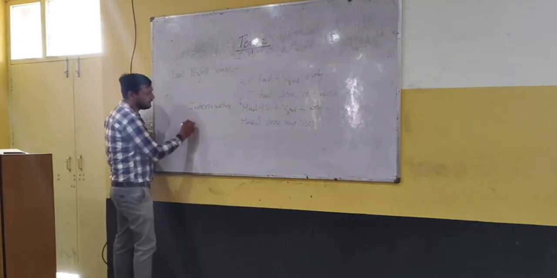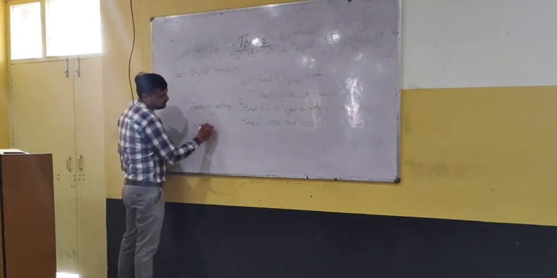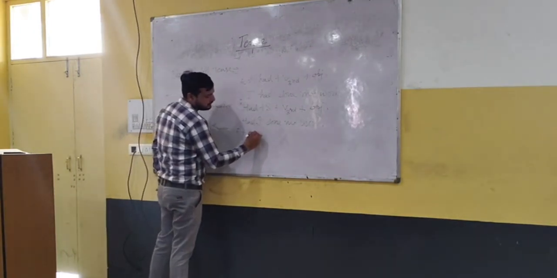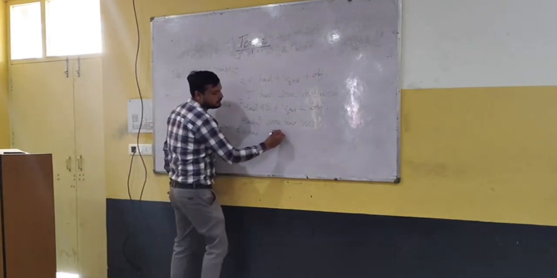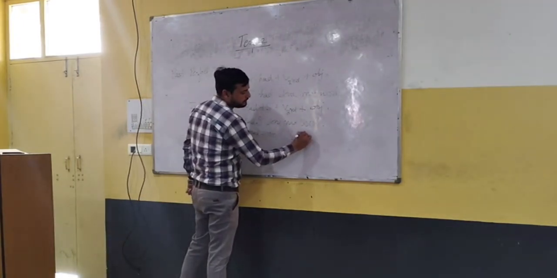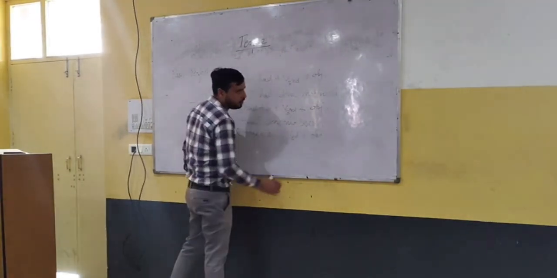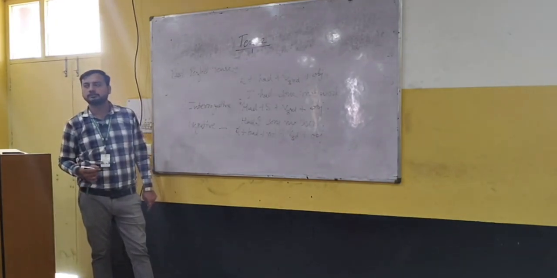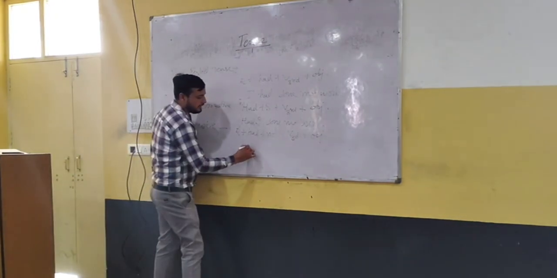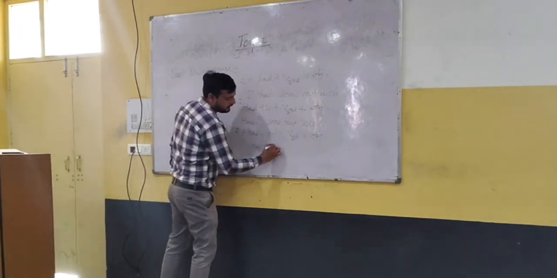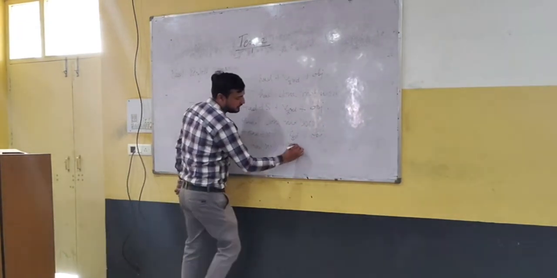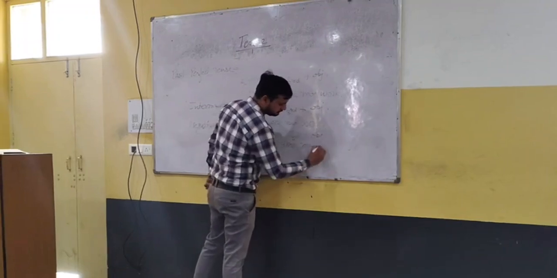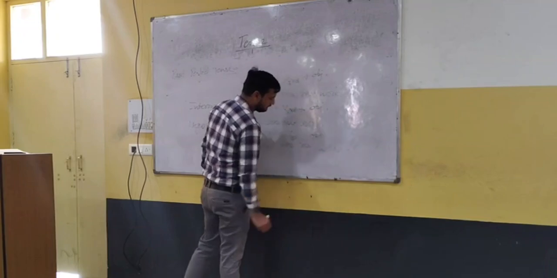Now come to the negative sentence. Then subject plus had plus not plus third form of verb plus object. Now, I had not done my work.